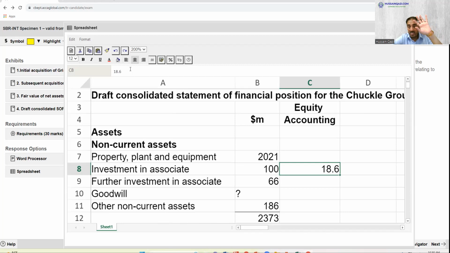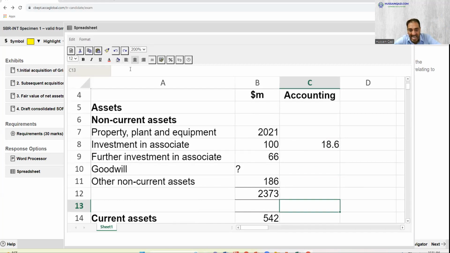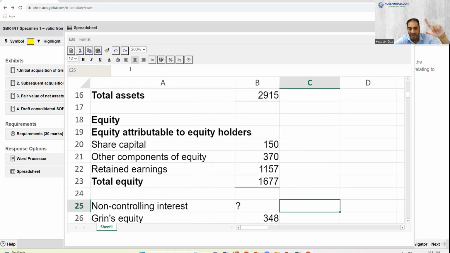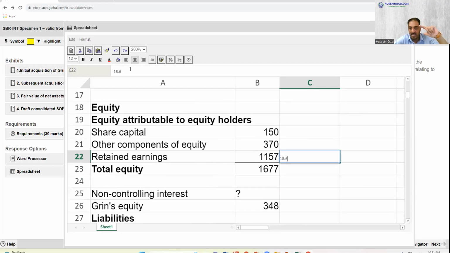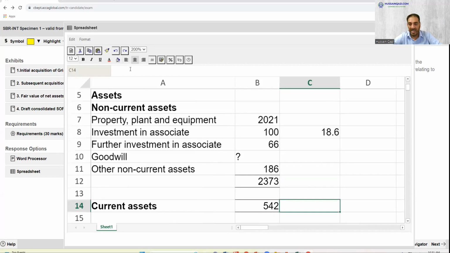Do remember, the first adjustment is investment in associate, no step acquisition. Step acquisition adjustment is the second point. So what will be the entry? Investment in associate debited and profit to retained earnings credited. So retained earnings will increase and investment in associate also increases. So that should be plus.